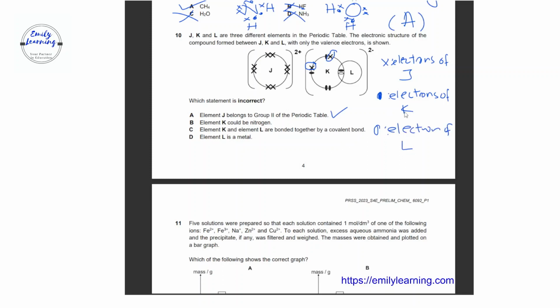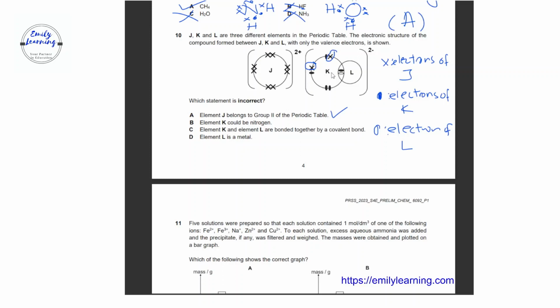Next, we know that K will not lose electrons because it forms anions. K and L form anions, so they don't lose electrons, they gain electrons. And we already know that K has gained 2 electrons from J, which is represented by these 2 crosses. So all these black electrons here are the original valence electrons of K. Let's count: 1, 2, 3, 4, 5.